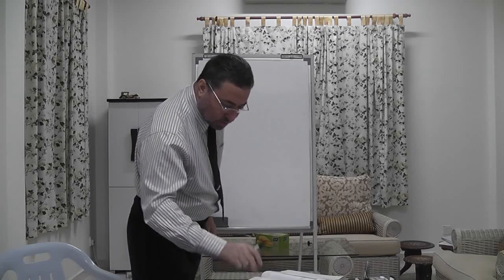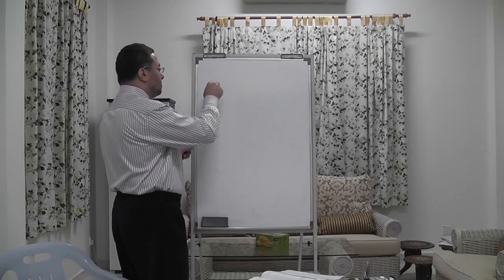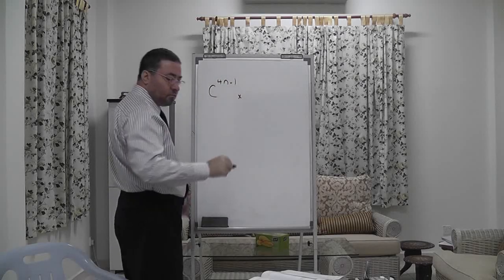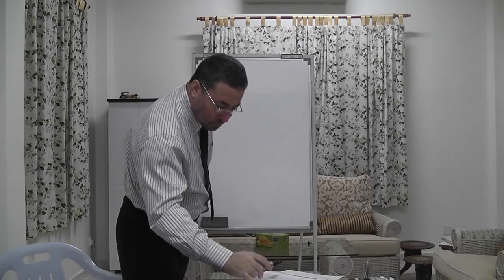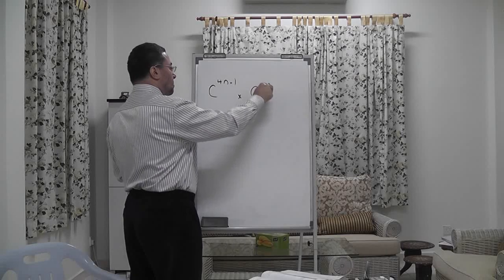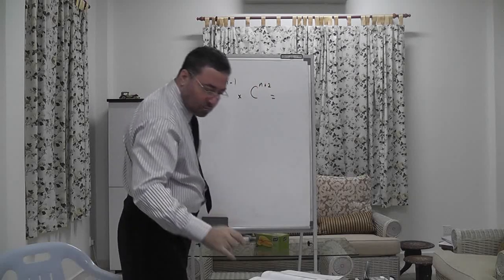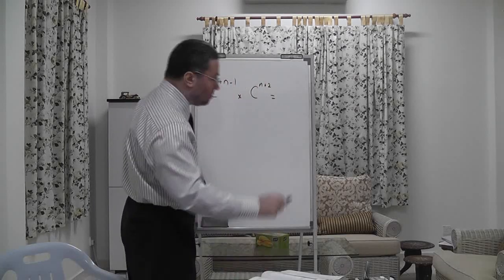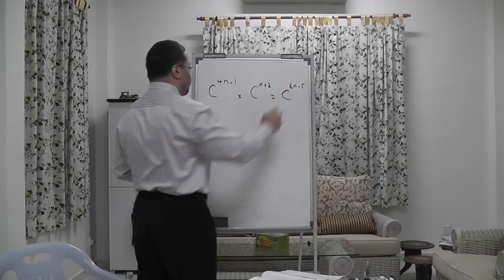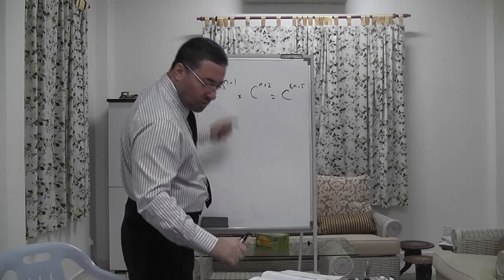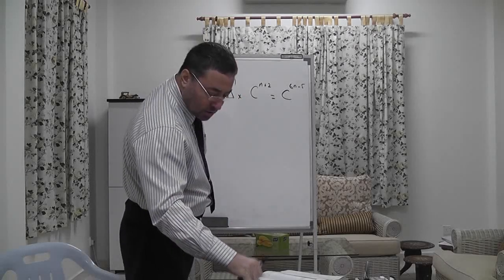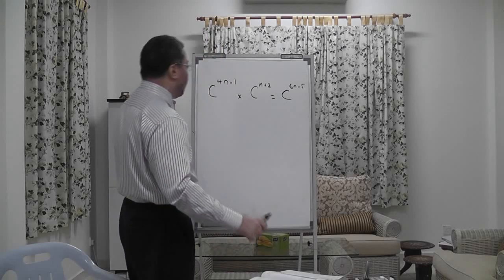Number 36. So the first power is 4n minus 1, the second power n plus 2, and that's 6n minus 5.